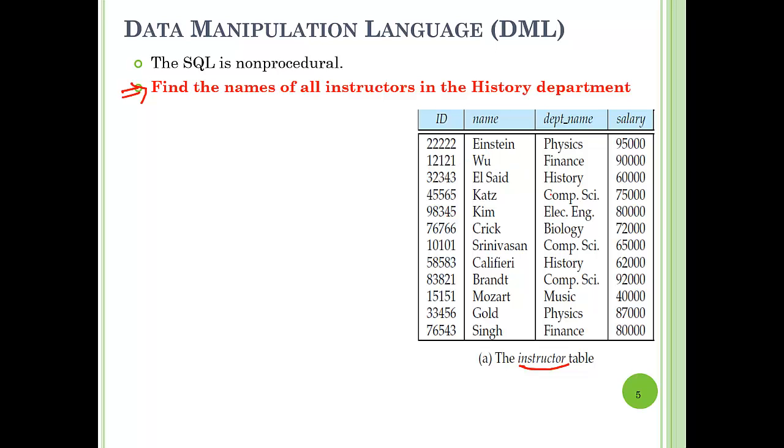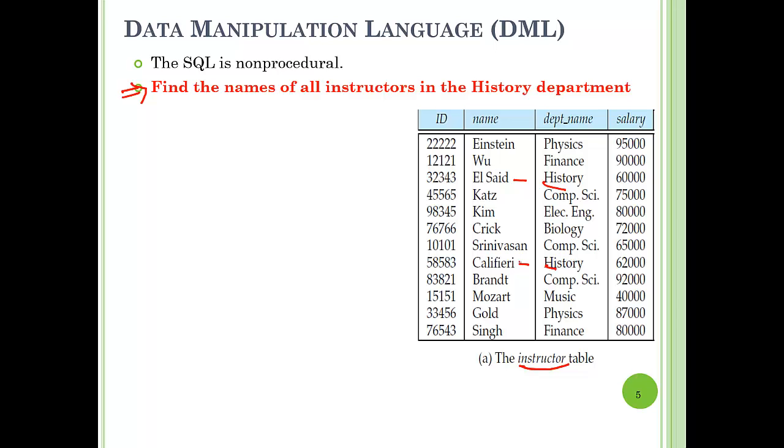Here a lot of information is already stored. For the history department we can find two instructors, that is Einstein and Calipari. These two instructors belong to the history department.